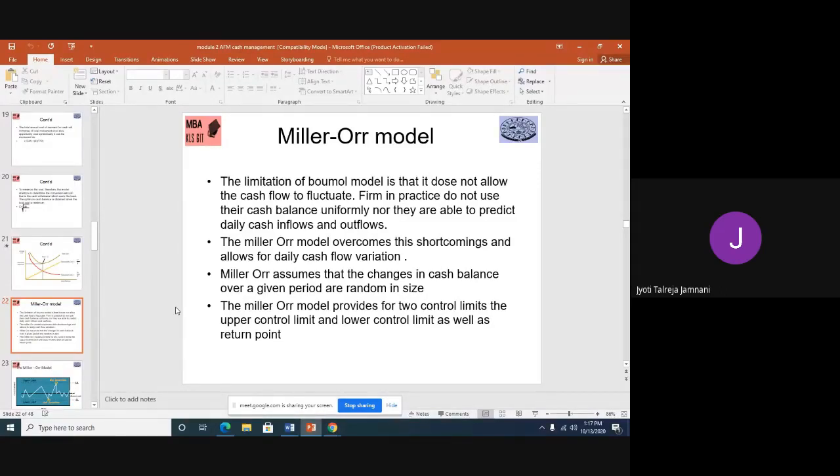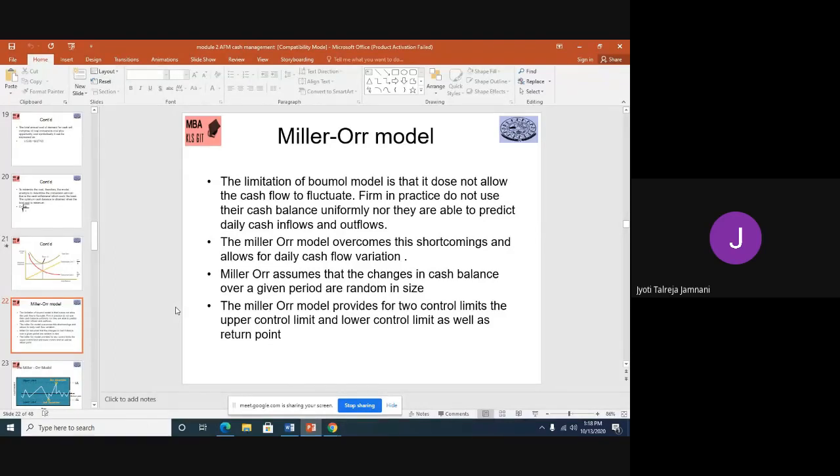Suppose the upper limit is 5 lakh and the lower limit is 1 lakh. If my cash reaches 5 lakh, I've touched my upper limit, and beyond this I may not need more cash for my daily usage, so the remaining I can invest somewhere. If my cash touches 1 lakh, I've touched the lower limit. I need more cash, so I have to sell my securities and get cash into the business.